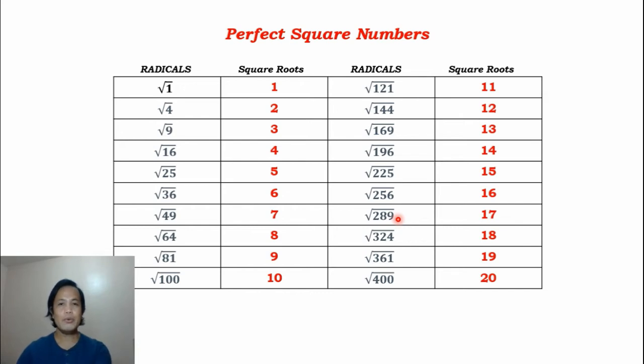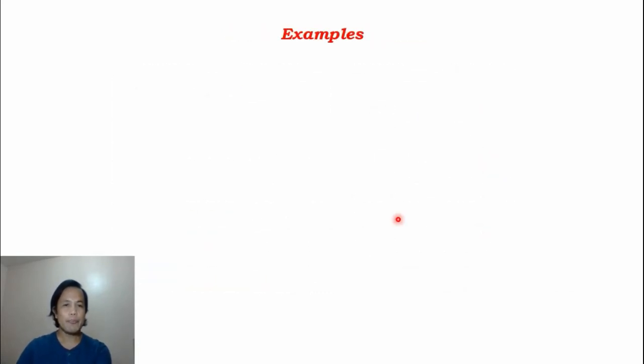Okay, to proceed with the examples. For example, you are told to simplify square root of 50. So how do we simplify square root of 50? With the perfect square numbers in our mind, we have to factor out 50 in such a way that one of the factors will give us a perfect square.